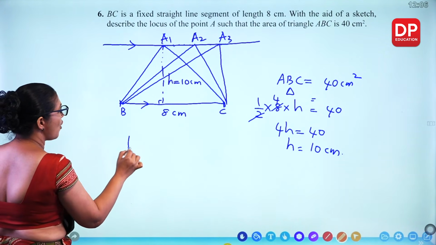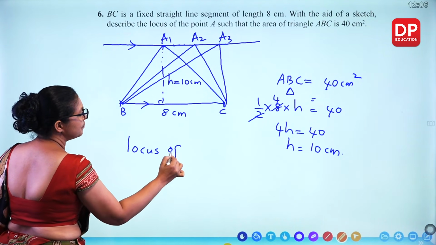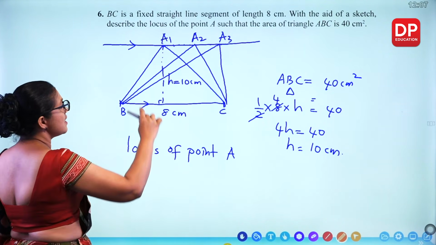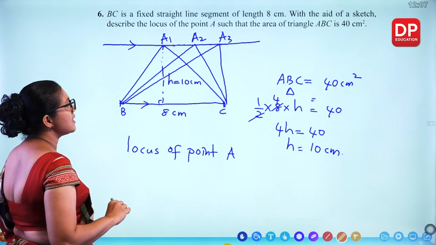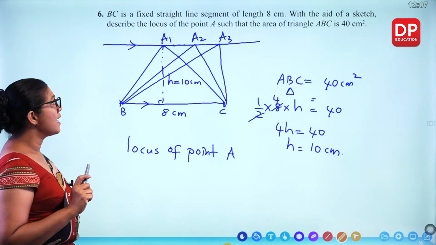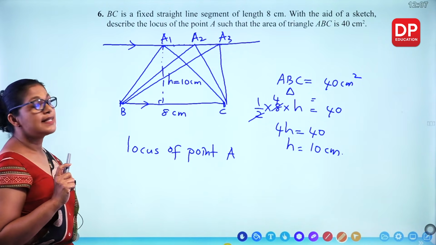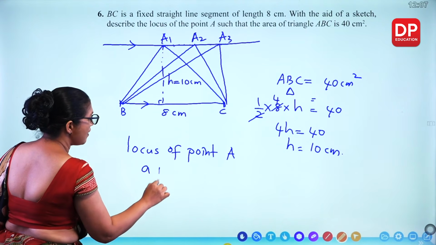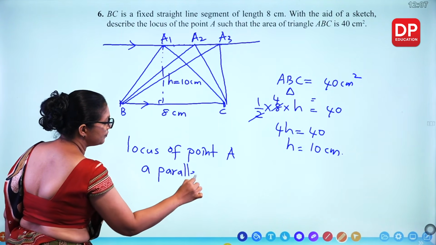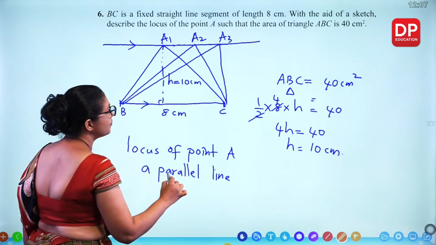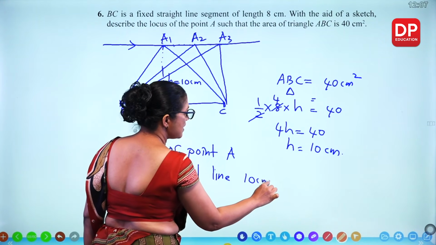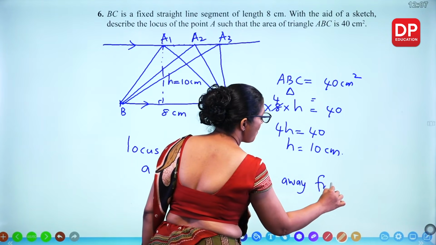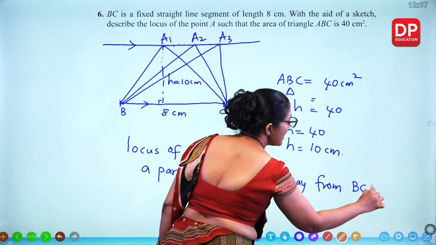Locus of point A is a parallel line 10 centimeters away from BC.